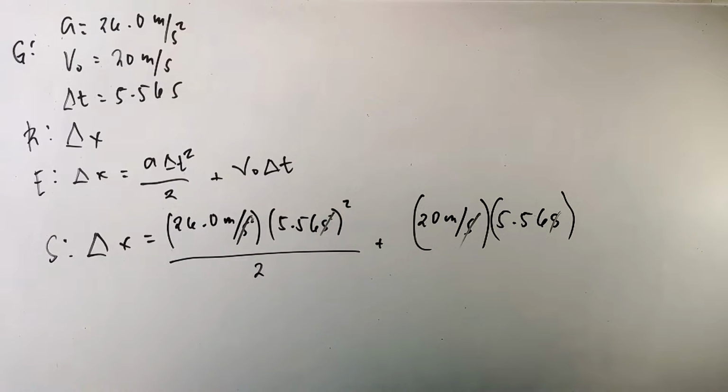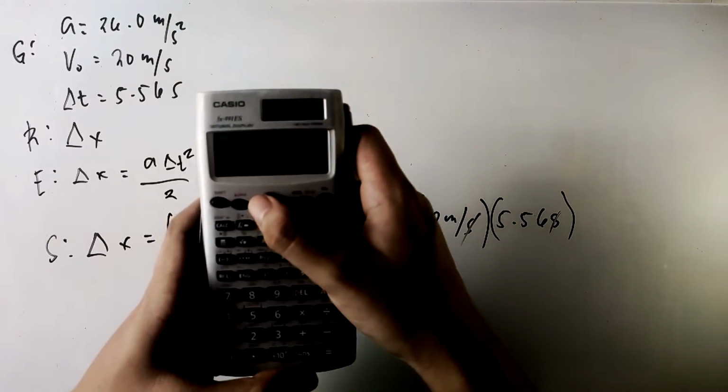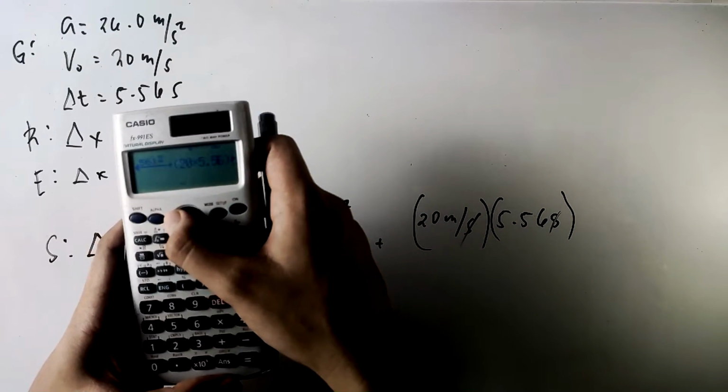26 multiplied by 5.56 to be squared divided by 2 plus 20 times 5.56. So what's the answer to that? Here, I'm going to show you.